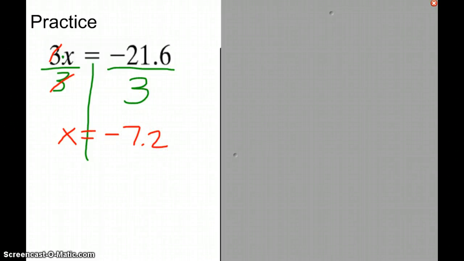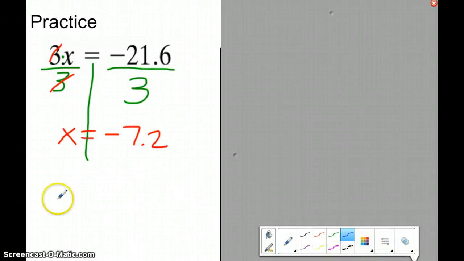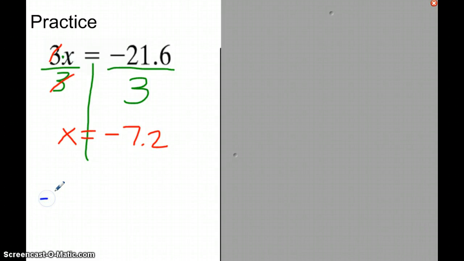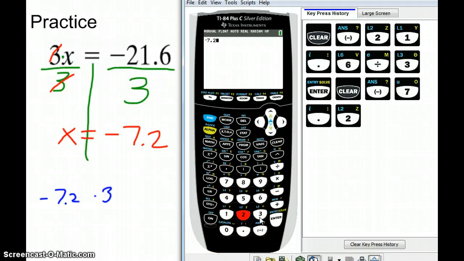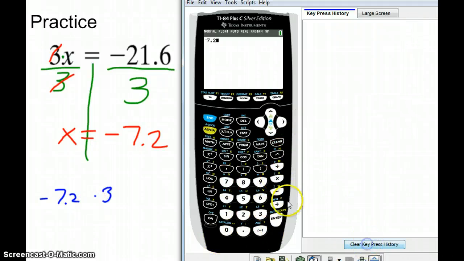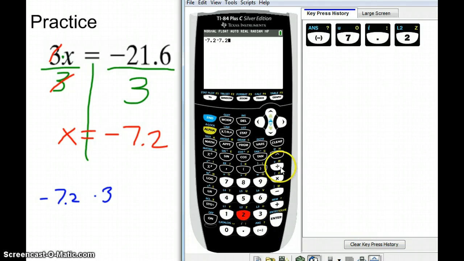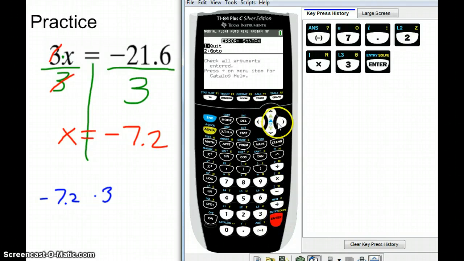Okay, so let's just make sure if we do negative 7.2 and multiply it by 3, let's make sure we get back to that answer.